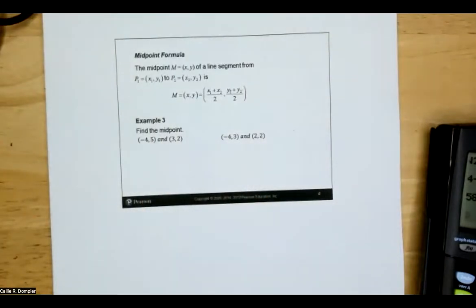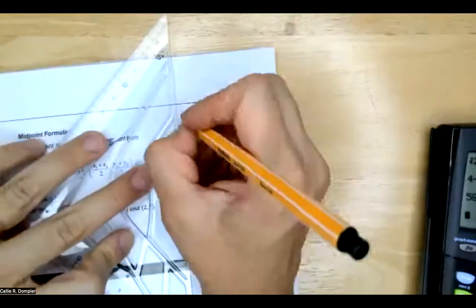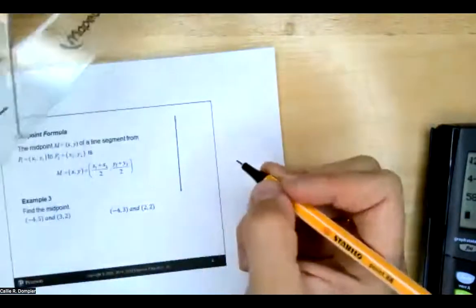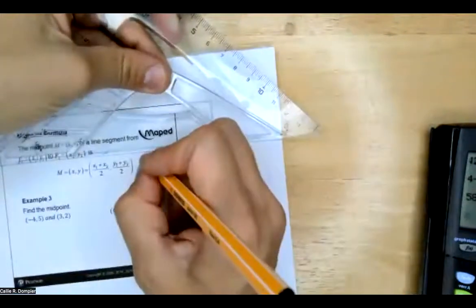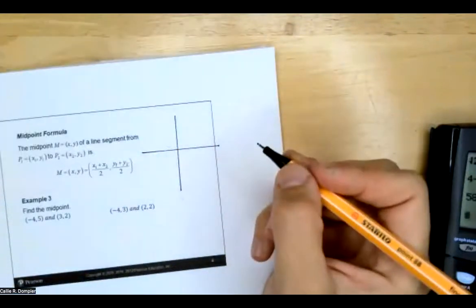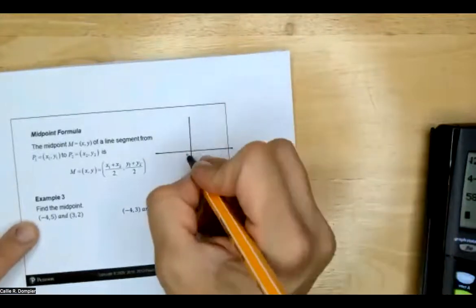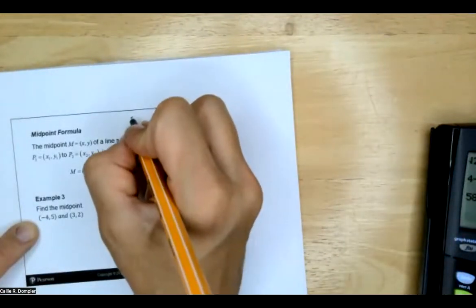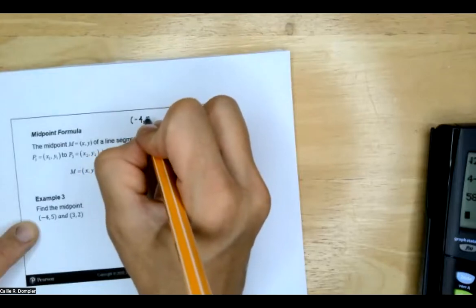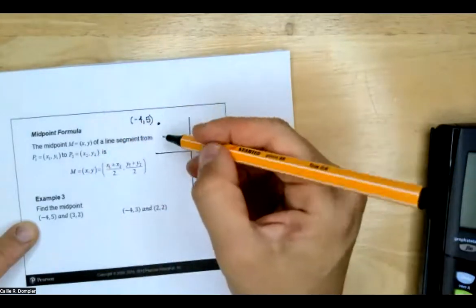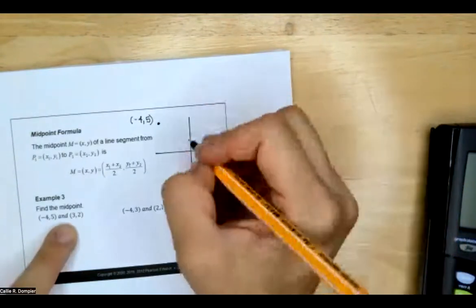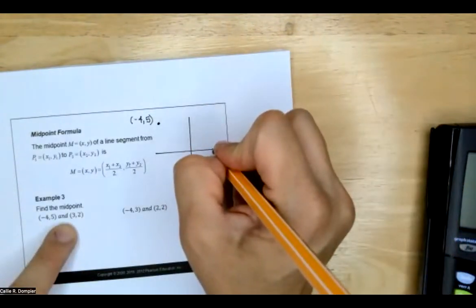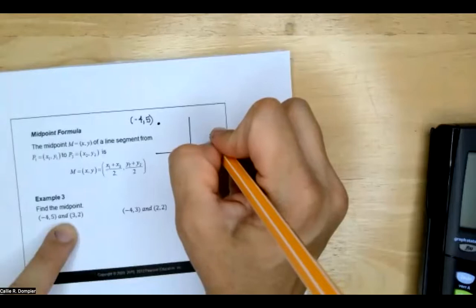Let's just look at where this might be on the coordinate plane. So if I just made a coordinate plane and I said the point -4, 5, maybe right here, perhaps a little bit higher. And then 3, 2, it's going to be +3 on the x, +2 on y.